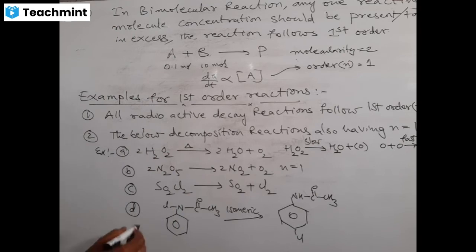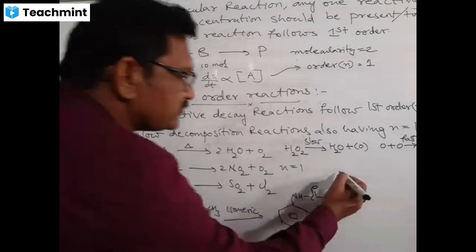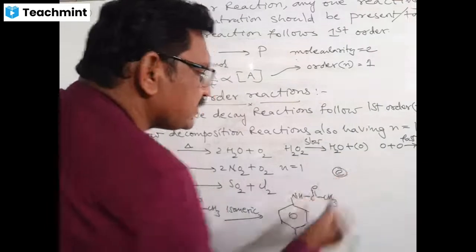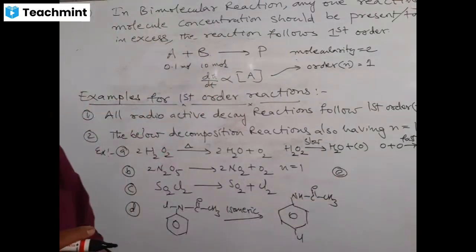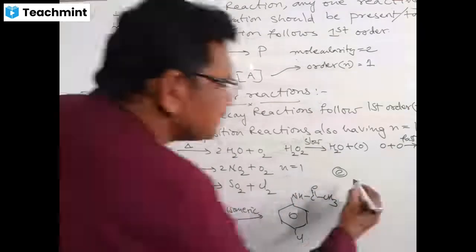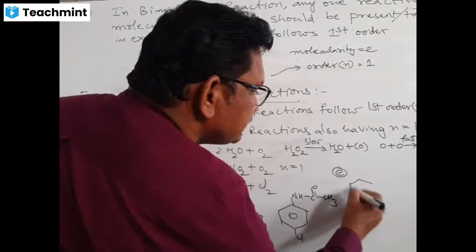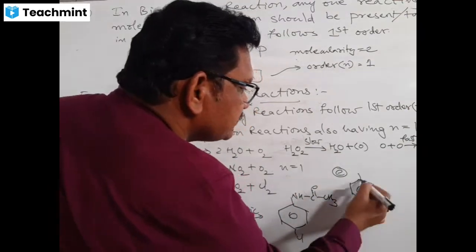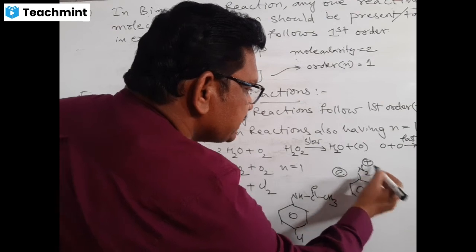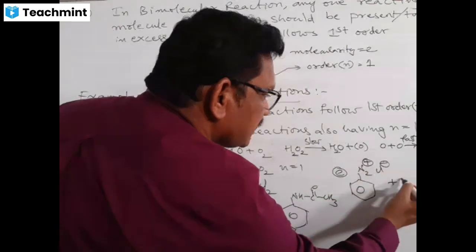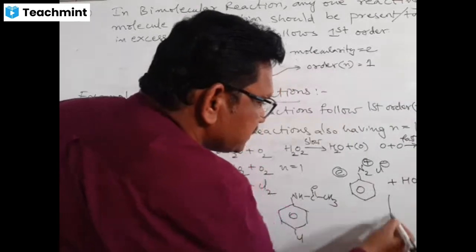And lastly, E, decomposition of diazonium salts. Decomposition of diazonium salts means you can take diazonium chloride, C6H5N2+ Cl minus, on reaction with steam. Here what happens?